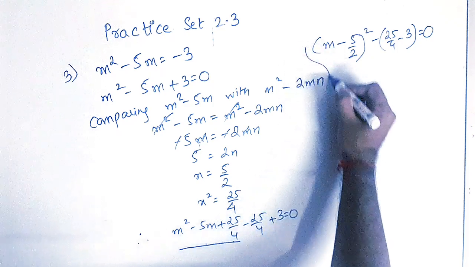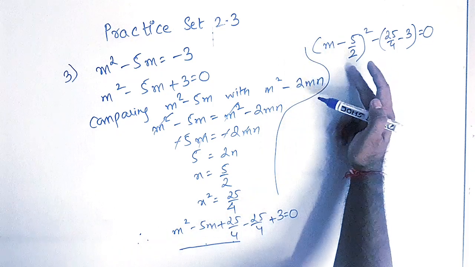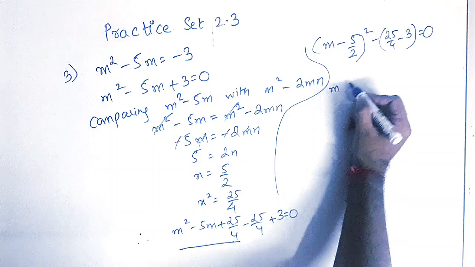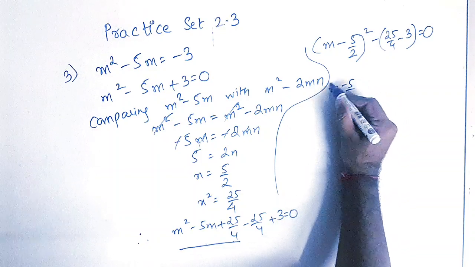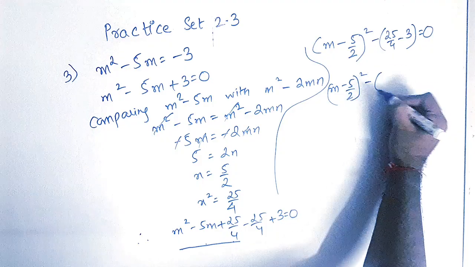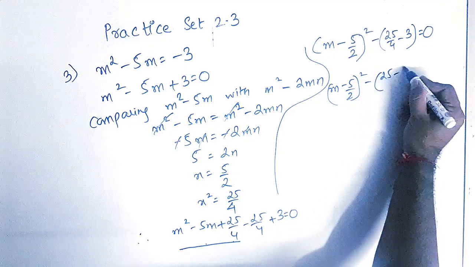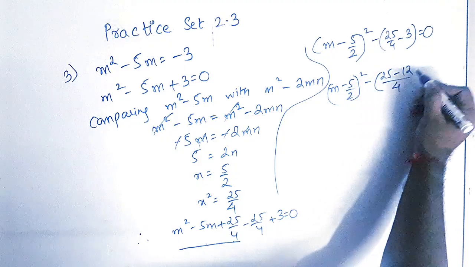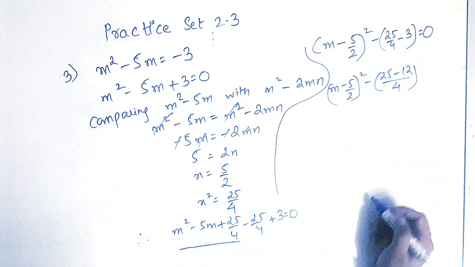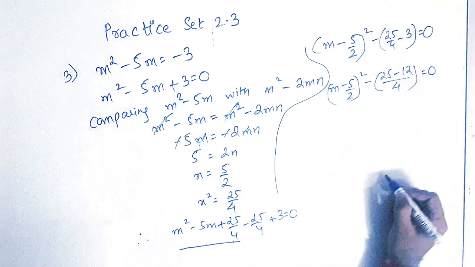Okay, now this will be m minus 5 by 2 the whole square minus 25 minus 4 times 3 becomes 12 upon 4. Cross multiplication equals 0.